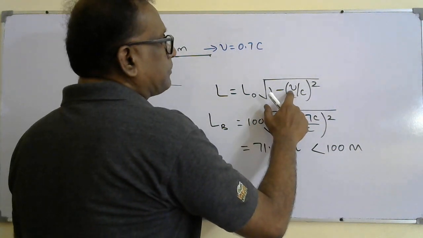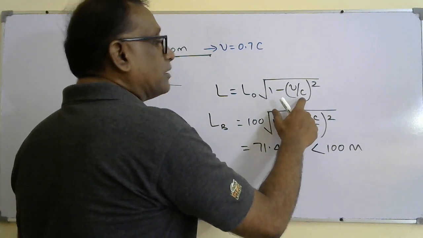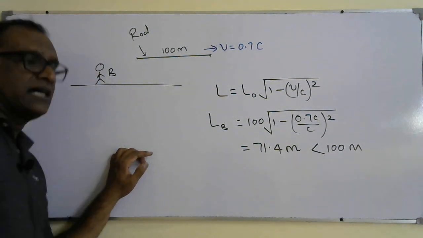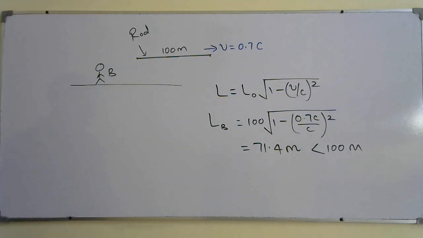Substitute 4,000 meters per second and 3 times 10 to the power 8 meters per second, and you will get the same answer, 100. So in day-to-day life we don't feel these effects unless something travels at a speed closer to the speed of light.